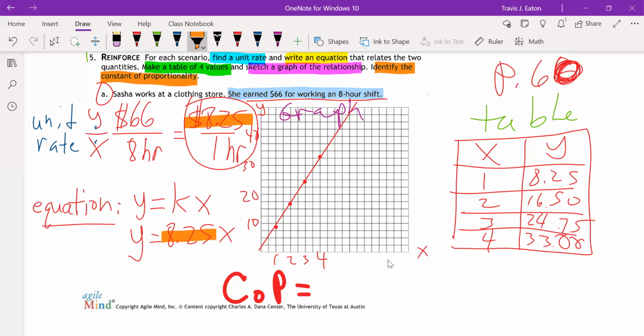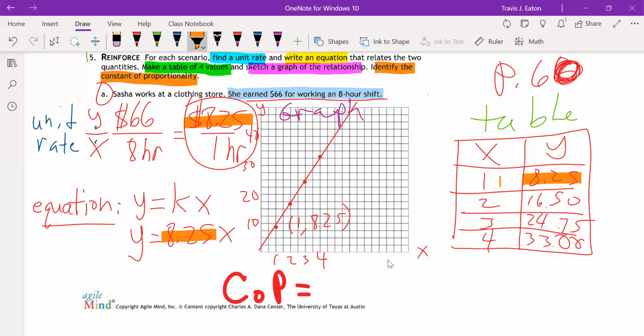On the table, when x is 1, our constant of proportionality is the y value when x is 1. And on our graph, likewise, when x is 1, our y value is the constant of proportionality.